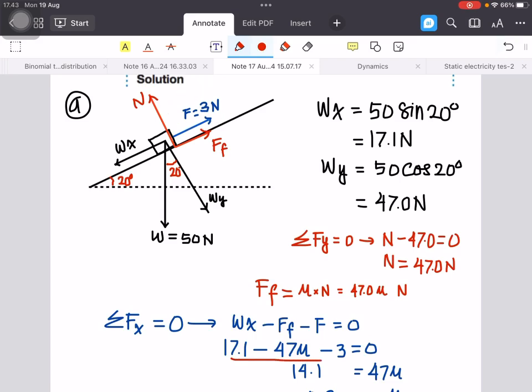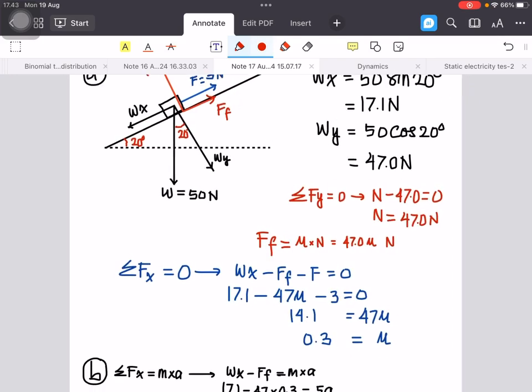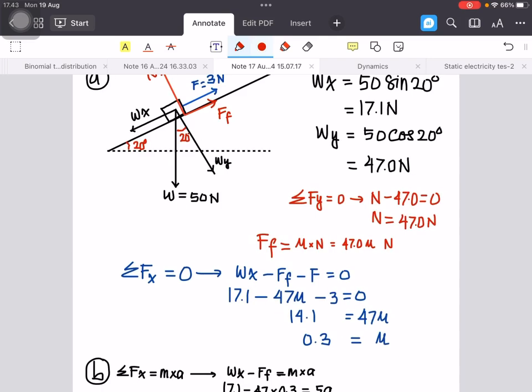So the equation we have here is 17.1 minus 47 mu minus 3 is equal to 0. And then 47 mu is equal to 14.1, mu is equal to 0.3. So the coefficient of friction between the object and the inclined plane is 0.3.